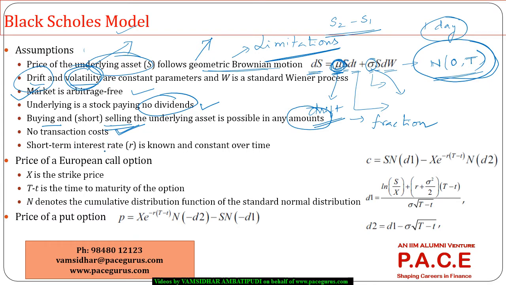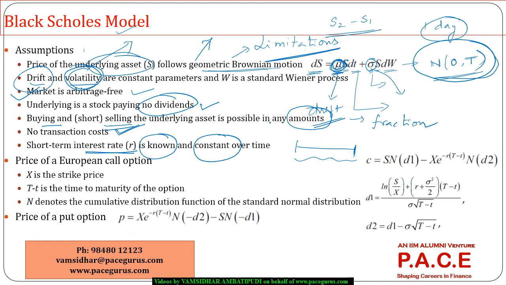Another major assumption that this model makes is that the short-term interest rate R is known and constant over time. So even if I am talking about a 2-year period, it says that the short-term interest rate is constant, but in reality that is not the case.